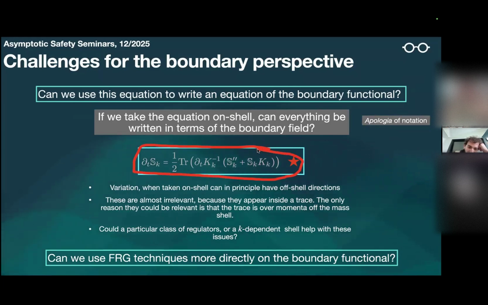So let me see what happens if I take this equation on shell. First of all, this term becomes a fully on-shell object. So this is a nice feature, because as far as this term is concerned, I do have something that is fully expressible in terms of my boundary functional. The actual problematic term is this one right here.